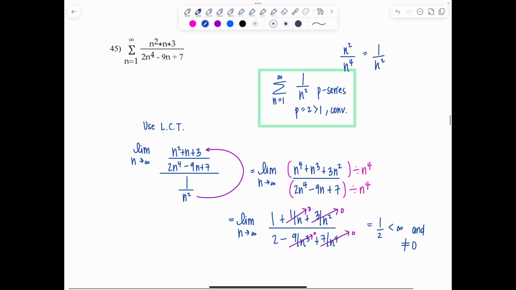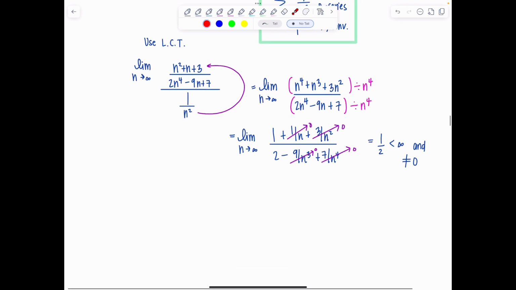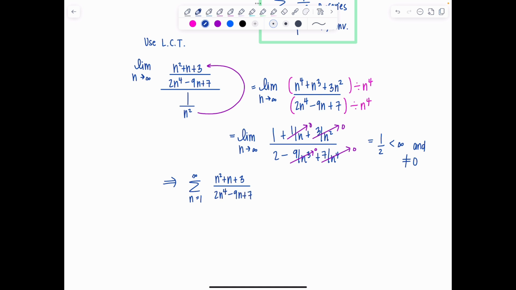So that tells me my series is twinsies, behaves the same as this convergent P series. So then my sum, n equals 1 to infinity of n squared plus n plus 3 over 2n to the fourth minus 9n plus 7 also converges by the limit comparison test.